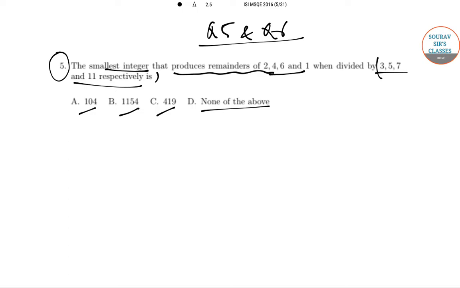So let the required number be k. As per the given conditions, when k is divided by 3, the remainder that we get is 2.